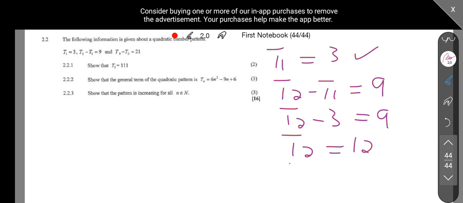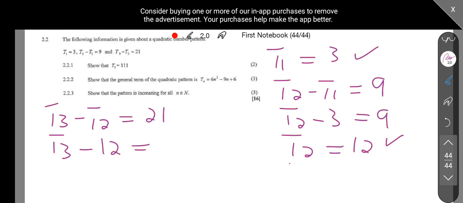So this is the first term, the second term. Now they said that term number 3 minus term number 2 is equal to 21. Because we know term number 2, which is 12, we can say that term number 3 is equal to 21 plus 12, and we will get 33.